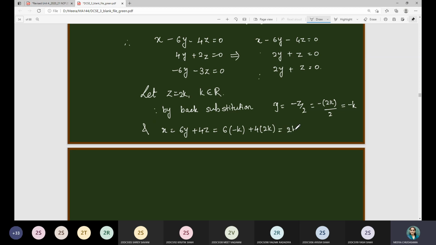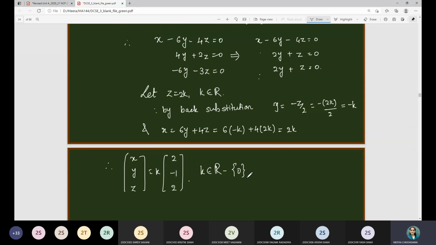So this is nothing but minus 6k plus 8k, so that is 2k. And therefore in this case x, y and z as a scalar matrix of x, that is 2k, y, that is minus k, and z, that is 2k, where k belongs to R minus 0.